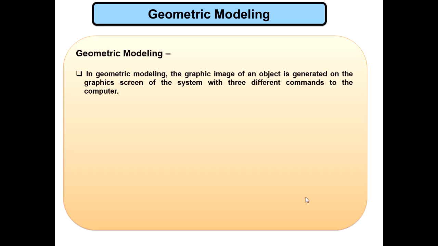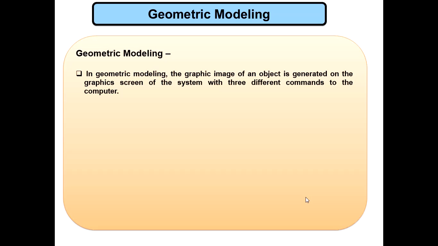Let's see what geometric modeling is, the introduction first, and then we will go into the details. It is simply the graphic representation of a graphic image. This graphic image is generated on the computer screen with three different commands.